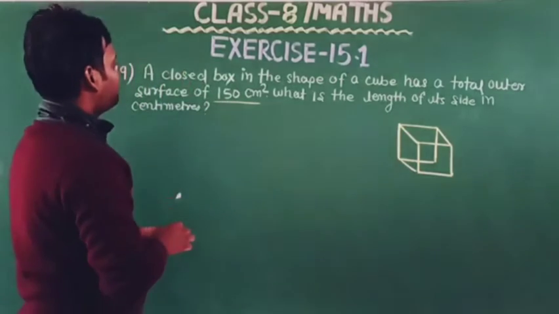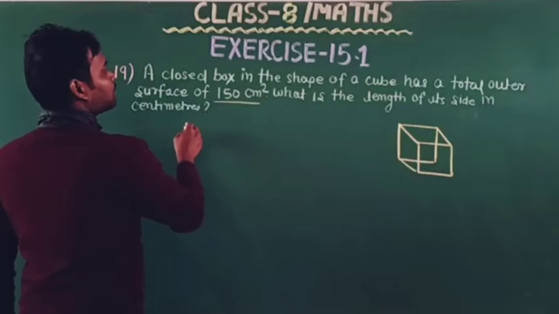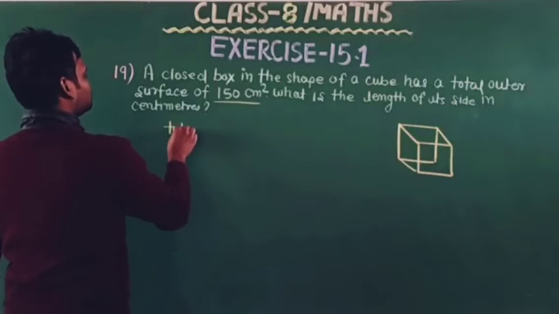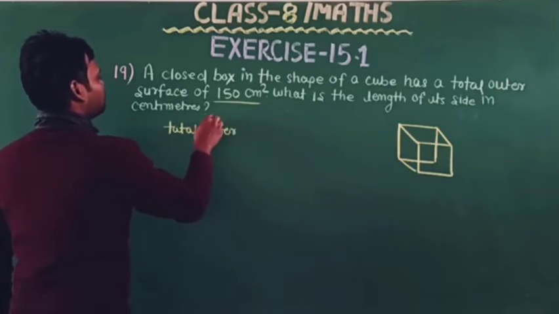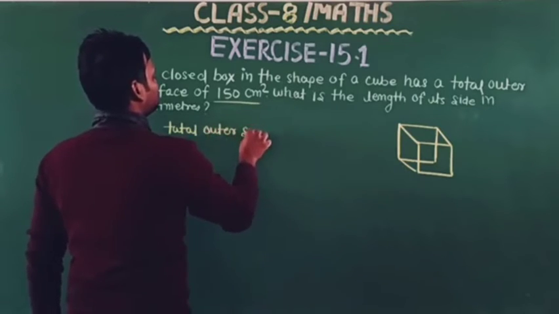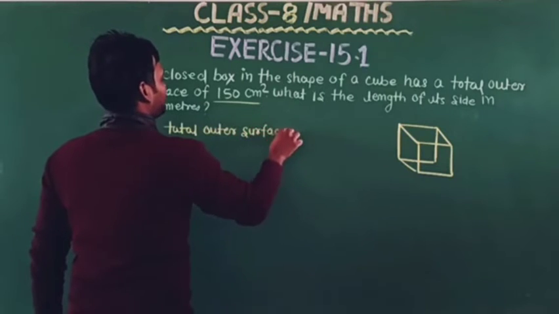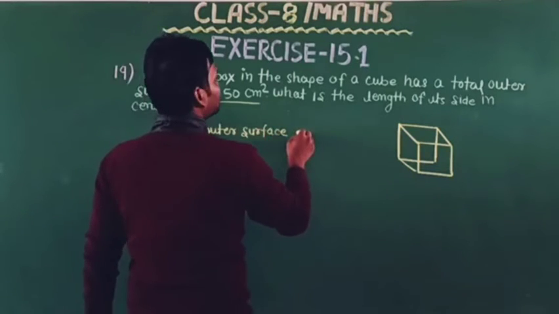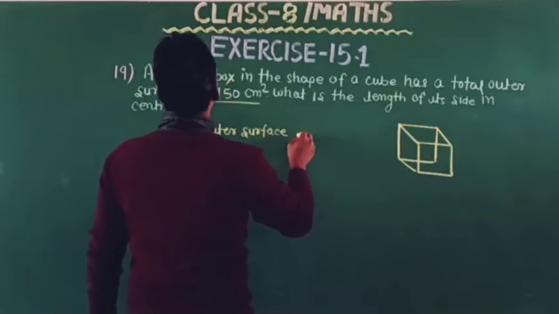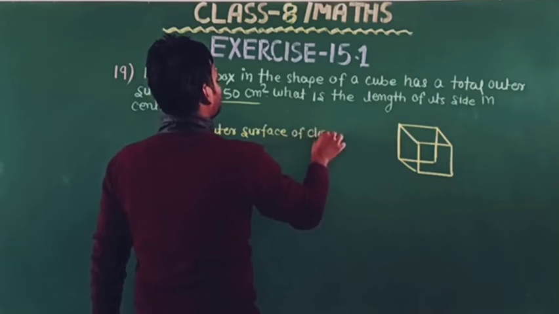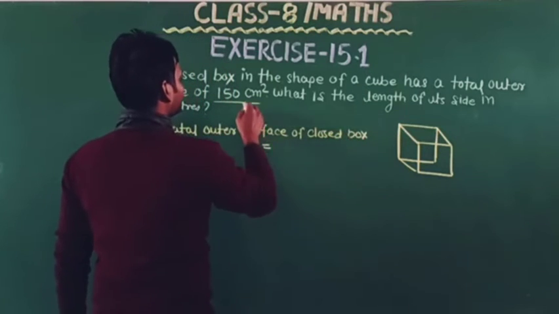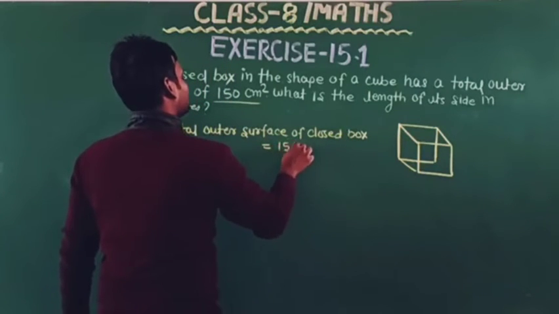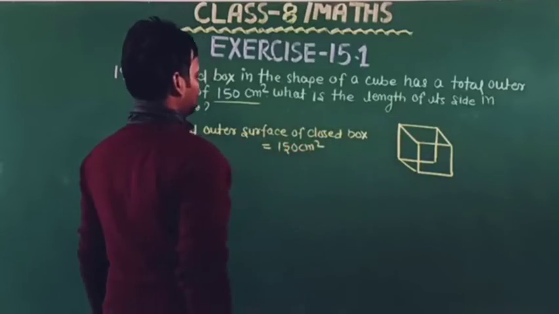So we are given the total outer surface of the closed box equal to 150 centimeter square.